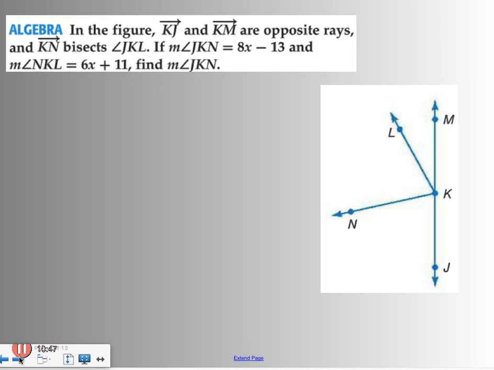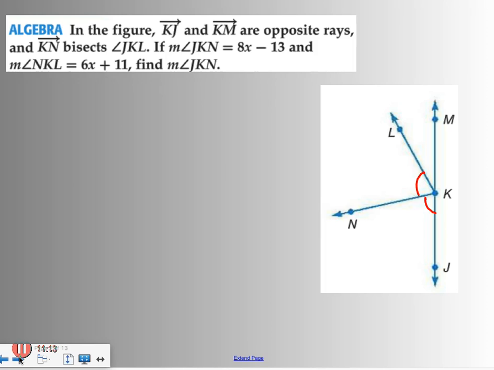So I would always mark the picture. Right away, I know this angle is congruent to that angle. If you know something is bisected, mark it on your picture. Okay, and then we're told angle JKN, this part here, is 8x minus 13.